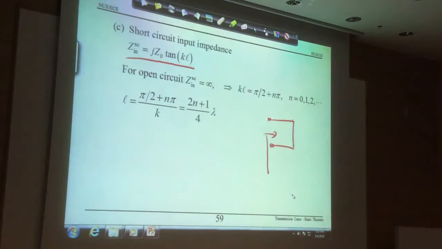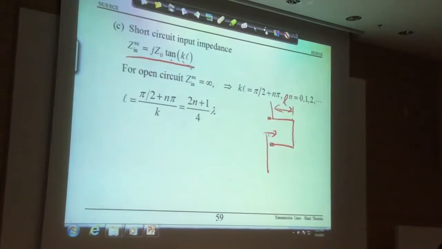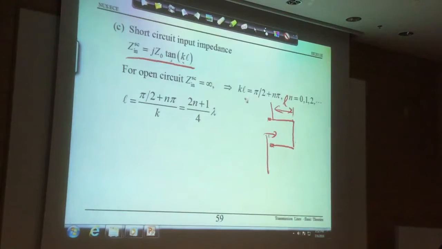Okay, this is short, right? By what wavelength? Okay, means this distance here. The minimum or shortest distance should be, this is short, then this open, right? Okay, from this equation, here should be lambda over 2.